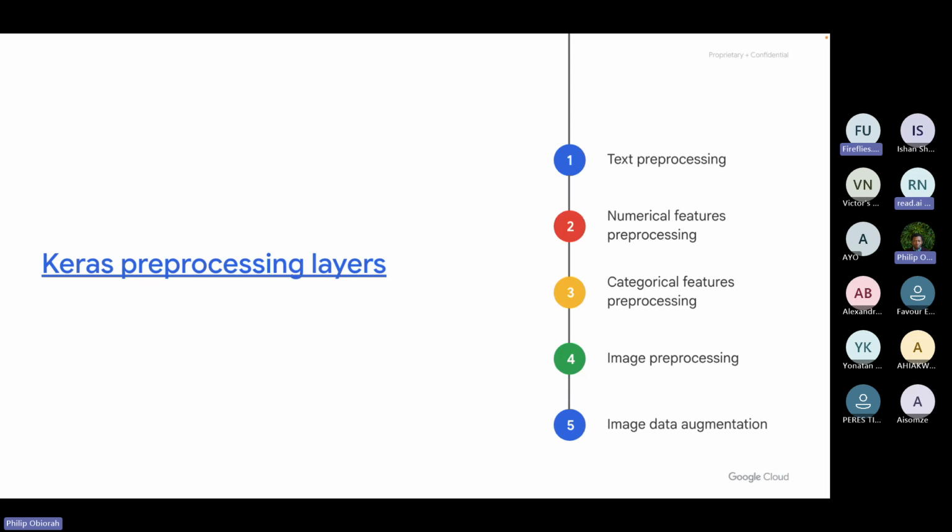But now there's another approach called the Keras processing layers. Instead of the traditional way of using pandas or NumPy before feeding your data into the model, this Keras processing layer changes this paradigm by treating processing operations as what? As layers inside the neural network. So the processing is done as a layer inside the neural network.